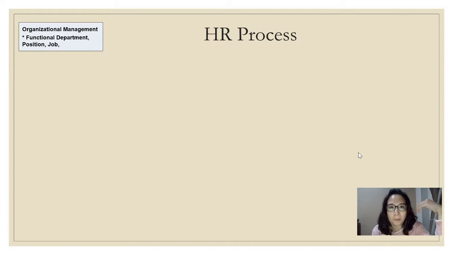And then the job is actually to explain, for each position and the functional department, what will be the job description, what will be the responsibility, and also what will be the required skill or required experience for each position.